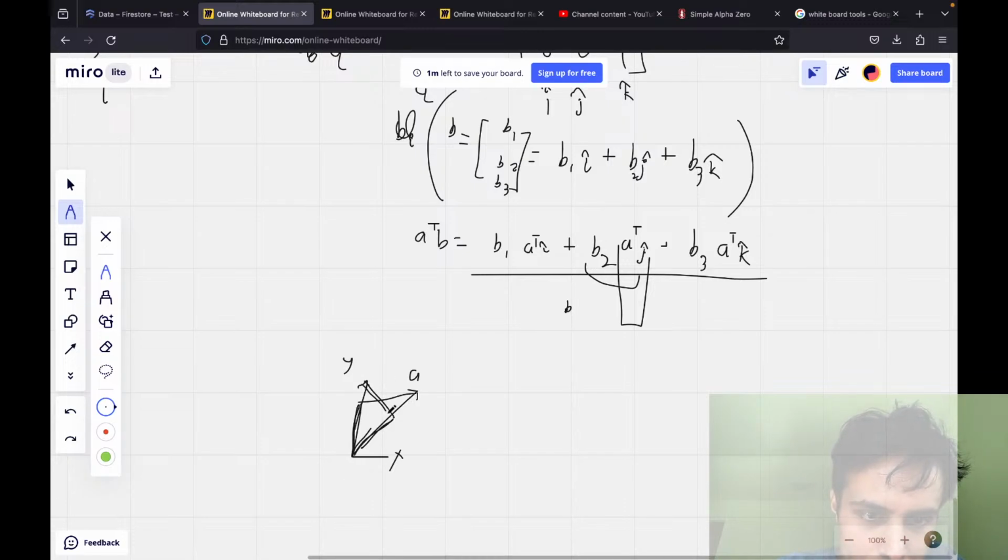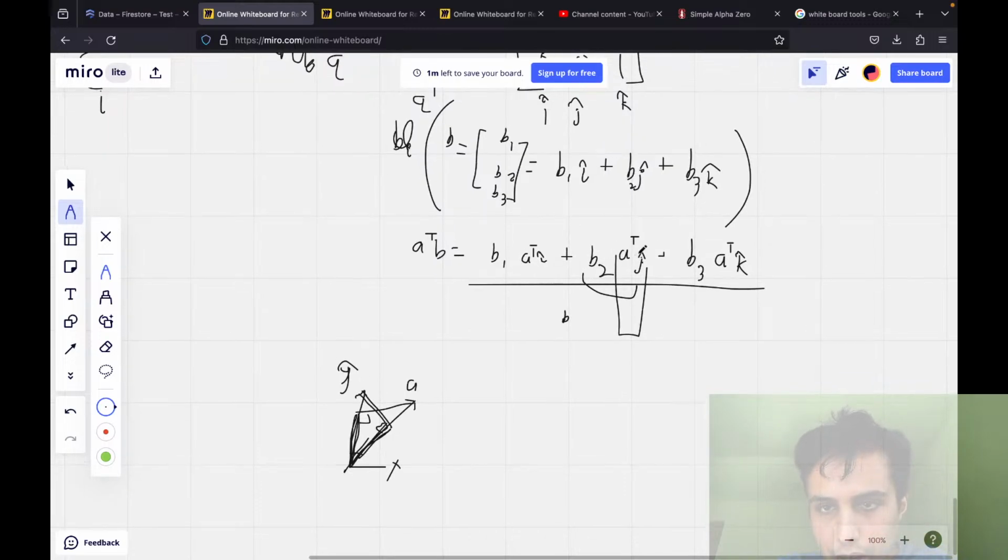Alternatively, you can look at it as two different right triangles, this one and that one. Both triangles have a common angle, and they also have a hypotenuse of 1, because a and j hat are both unit vectors. So there's a duality in projecting this onto that. Again, the dot product is commutative: a dot b is the same thing as b dot a.